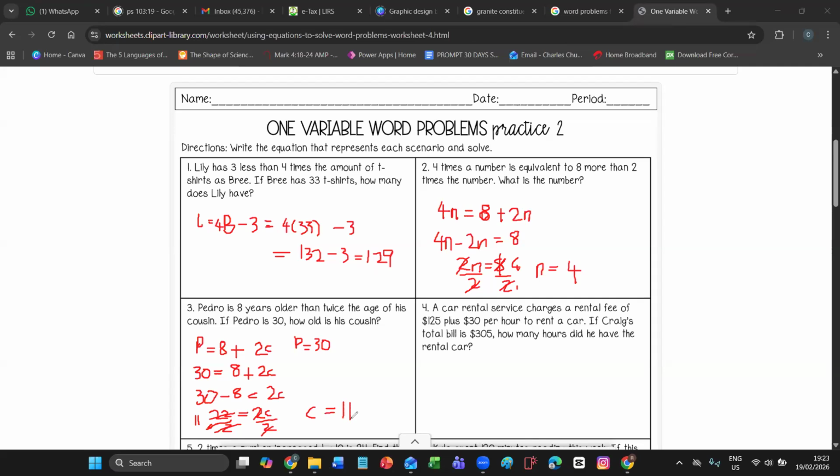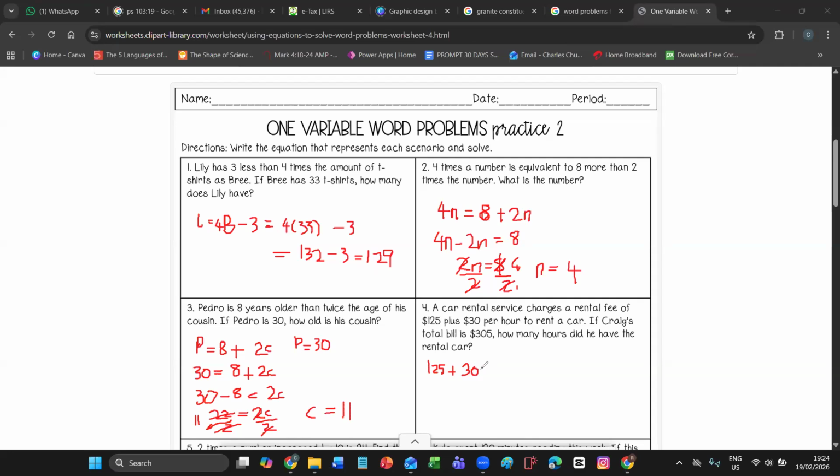So 125 plus 30... Okay, plus 30 what? Do you want to choose the letter?